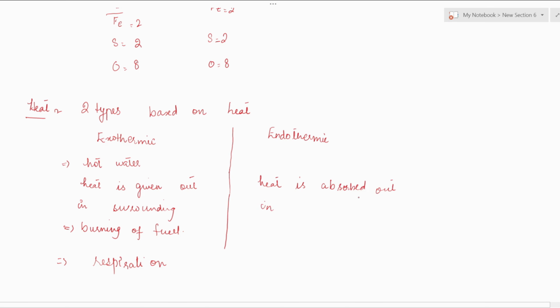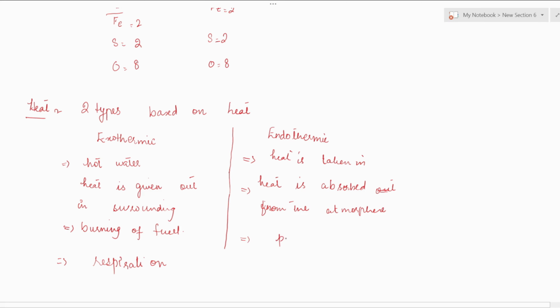In endothermic, heat is absorbed from the atmosphere, or we can also say heat is taken in. Can you give me a good example for this? Good.